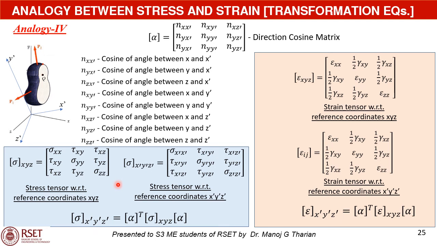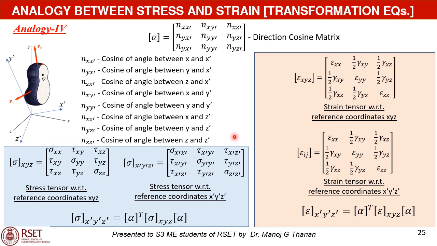That is, if we know the stress tensor sigma x, y, z, we can find out the stress tensor corresponding to the transformed coordinates using the relation sigma x dash, y dash, z dash is equal to alpha transpose sigma x, y, z alpha, where alpha is the direction cosine matrix given here, where nx x dash is the cosine of the angle between x and x dash, ny x dash is the cosine of the angle between y and x dash, and so on.